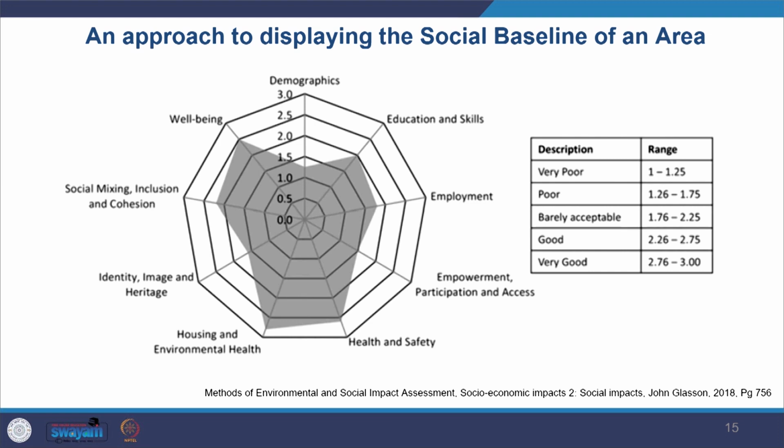Employment is again under 2. Empowerment, participation and access is again 1.5, and health and safety is 2.5. So you see on that scale how we are trying to understand the context of the people and their environment, who are living in the project site, the influence site of the project.